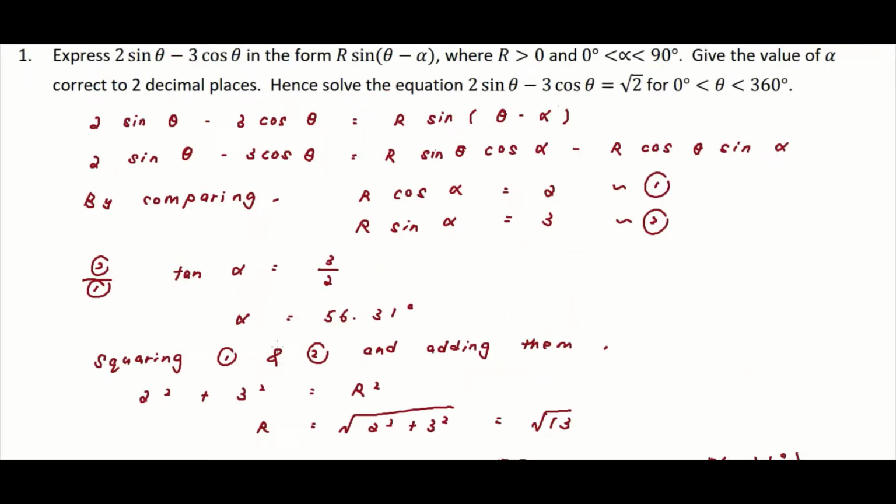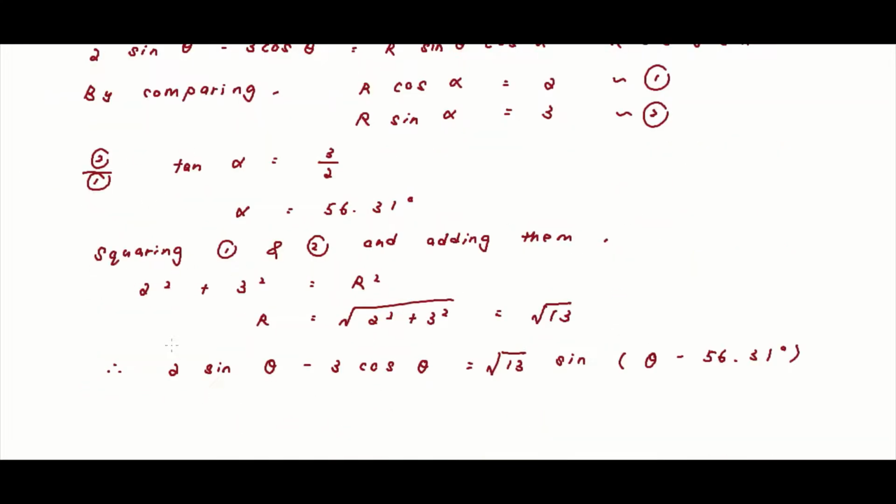Okay, so after you get this, the question asks you to solve the equation. This is the objective of us changing this into sine, because if you have sine and cos equal to a constant, you can't actually change it to tangent, because you do not have something like sine theta equals cos theta that you can divide.